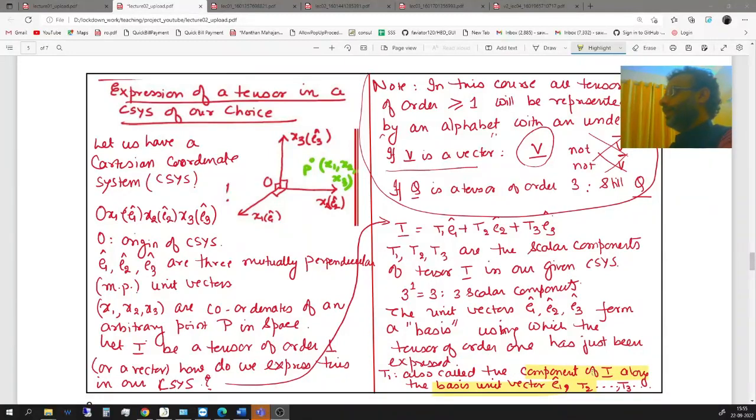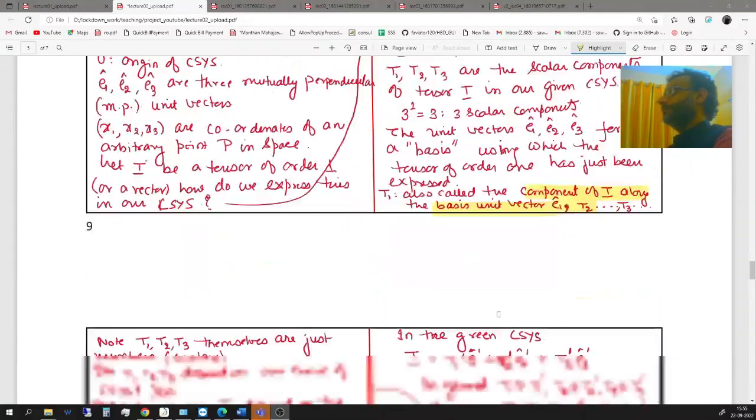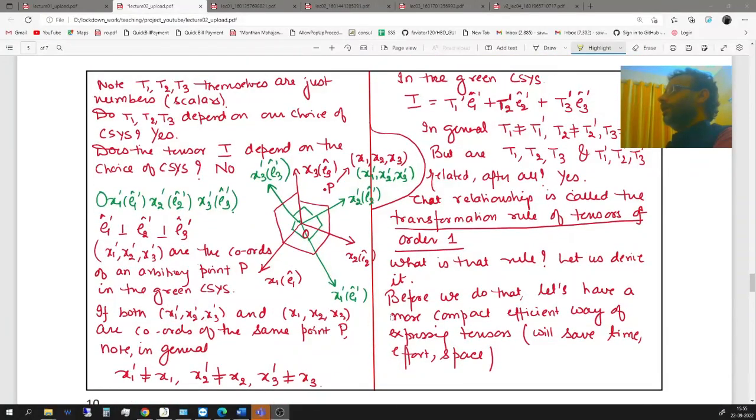Similarly, T2 is the component of tensor T along the basis unit vector E2. And T3 would be called the component of tensor T along the basis unit vector E3. Note that T1, T2, and T3 themselves are just numbers, right? They are scalars: 5, 4, 0, minus 2. They can be such numbers.